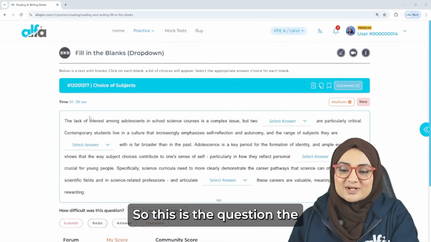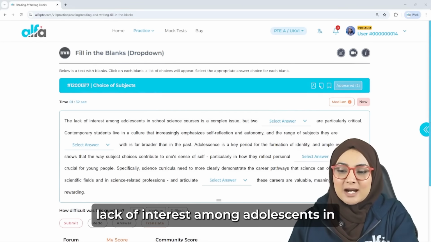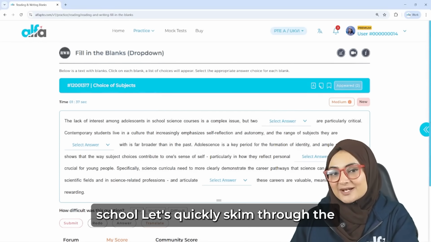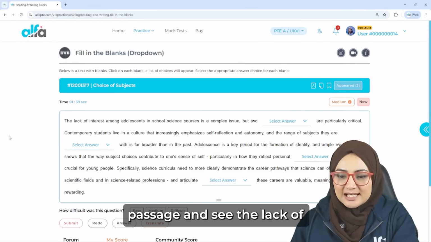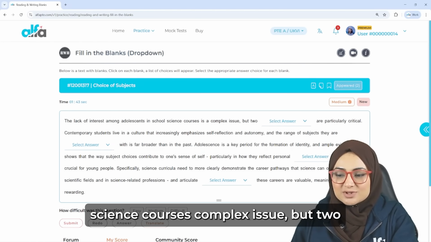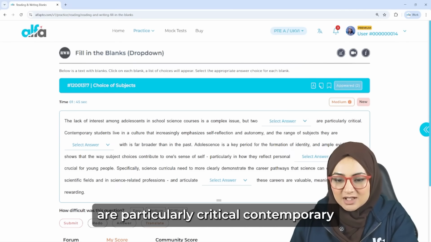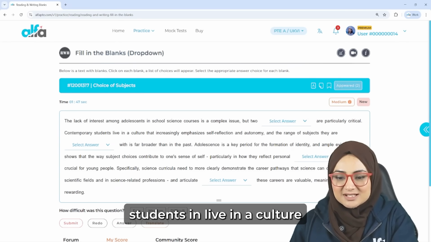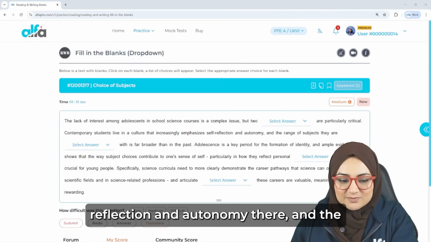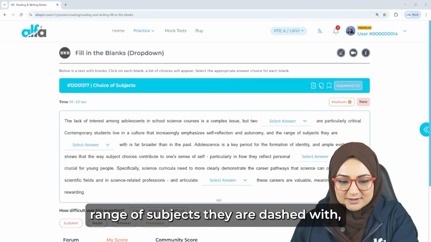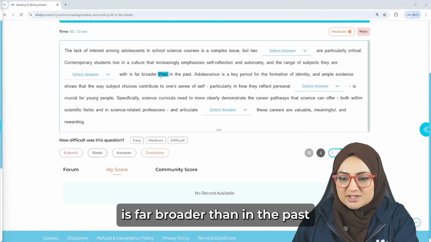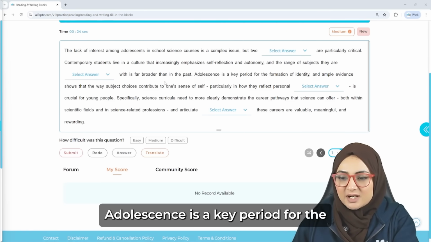So this is the question: the lack of interest among adolescents in school. Let's quickly skim through the passage and see. The lack of interest among adolescents in school science course is a complex issue, but 2 dash are particularly critical. Contemporary students live in a culture that increasingly emphasize self-reflection and autonomy. And the range of subjects they are dash with is far broader than in the past.